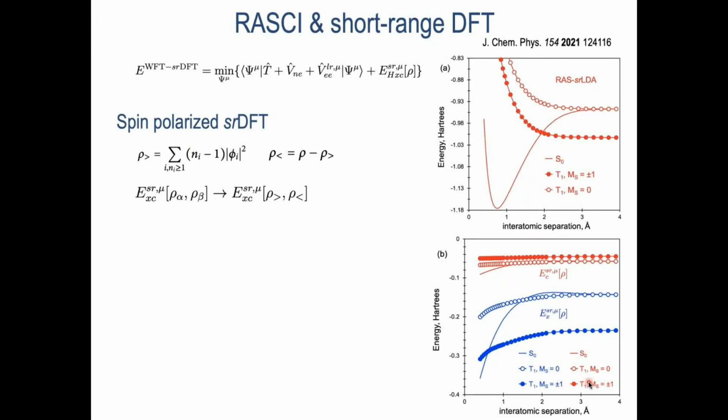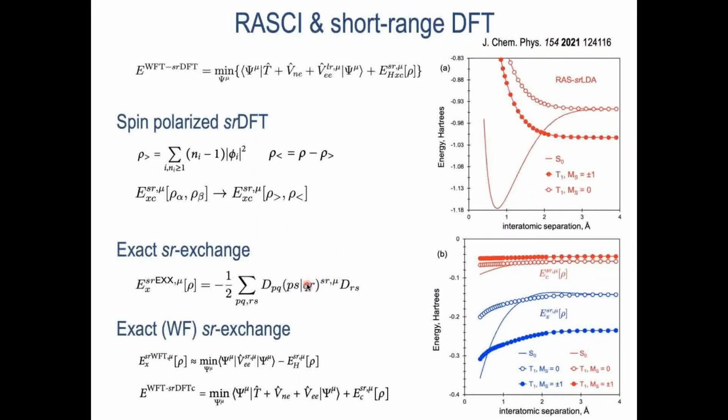So clearly the difference emerges from the exchange part of the short range DFT. So we thought, okay, let's replace the short range DFT exchange with exact exchange, and when I say exact, I mean the Hartree-Fock short range exchange, and that maybe that would be an option to improve our results.